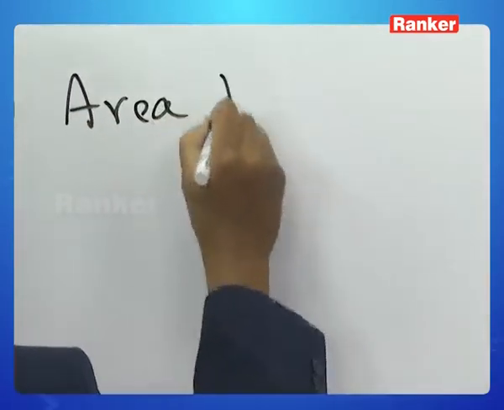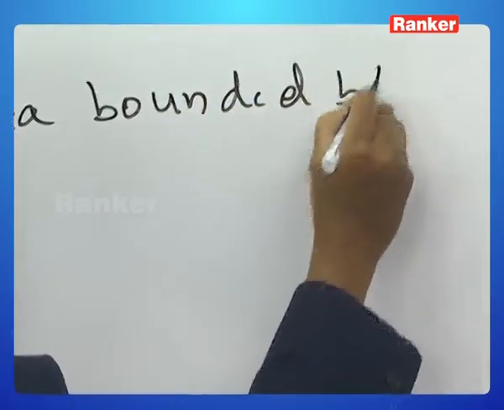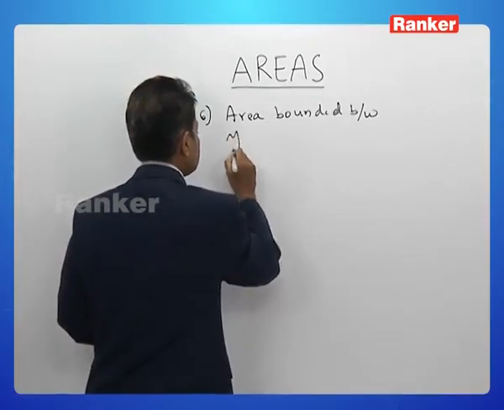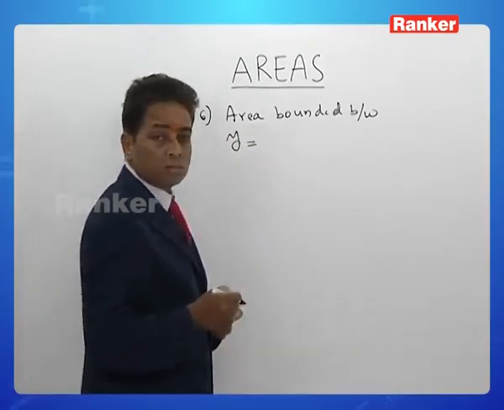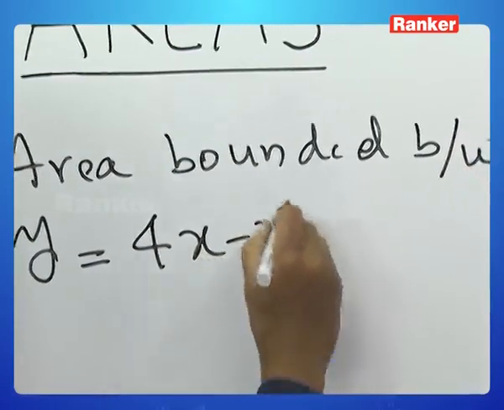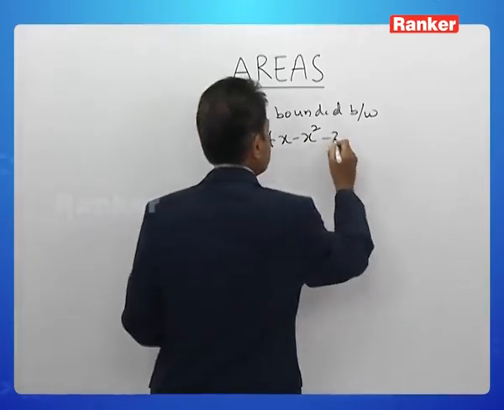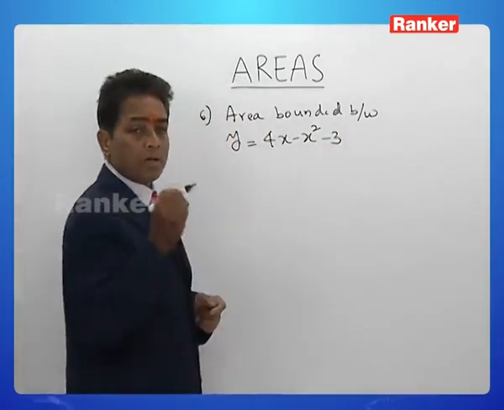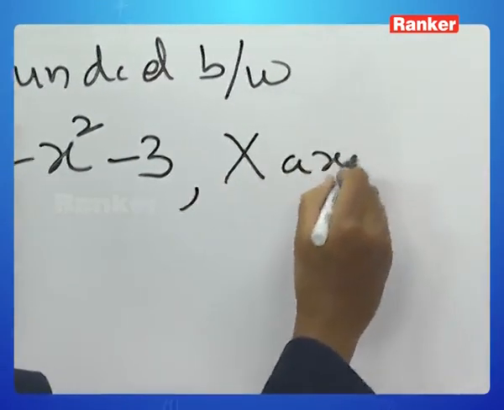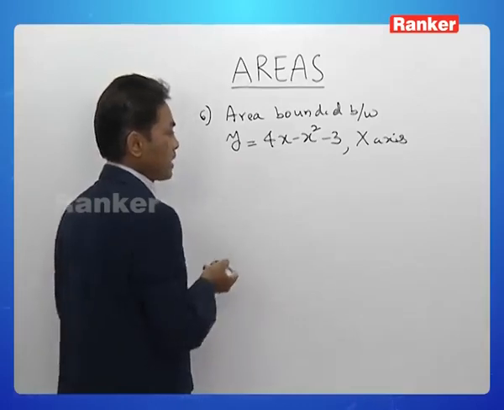Area bounded between the parabola given y is equal to 4x minus x square minus 3 and x-axis given. So, let us see this. This is a vertical parabola again.